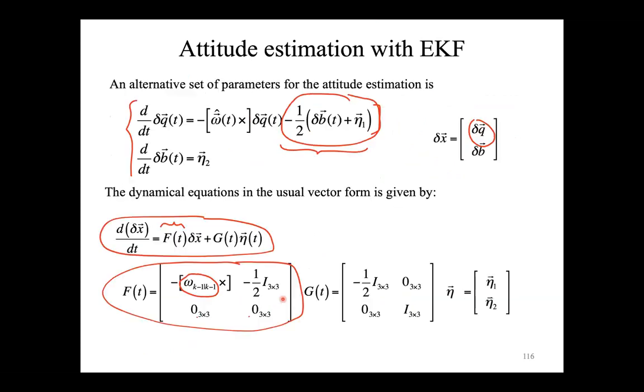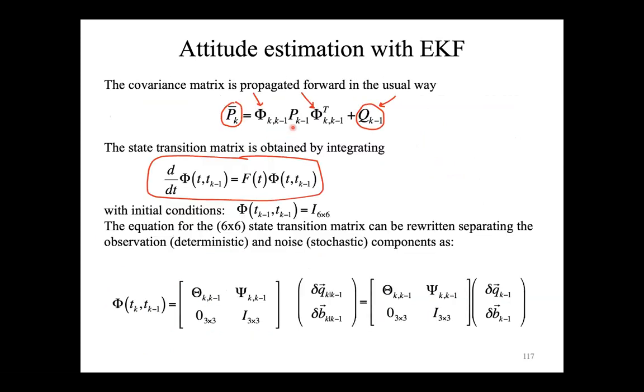What we want is to determine these differential equations that are important to propagate the covariance matrix. So not only do we want to determine the correction of our quaternion associated to the new measurement, but we want to bring the information that we collected from the previous observation to the next one. The only way to do that is to propagate our information, our a priori information.